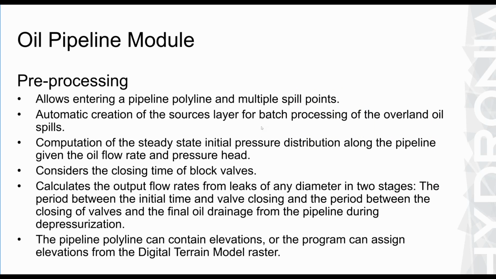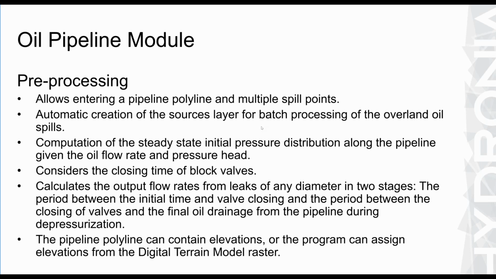Now, the oil pipeline module includes 2 parts. One is the pre-processing, and the second part is the post-processing. The pre-processing is the one that is used to compute the outflow from the pipeline at multiple spill points. And it automates the creation of the sources layer that is necessary for the batch processing of the overland oil spills.